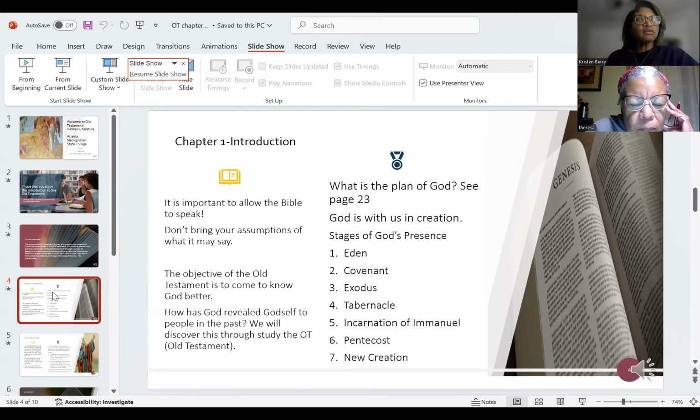In the book of Acts, we see the presence of God again through the gift of the Holy Spirit, another part of the Trinity. And then number 7 is what Christians anticipate and look forward to: a new creation.